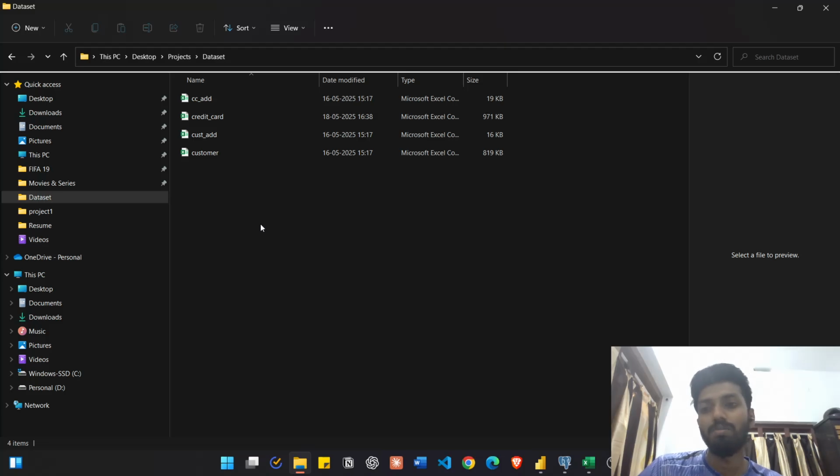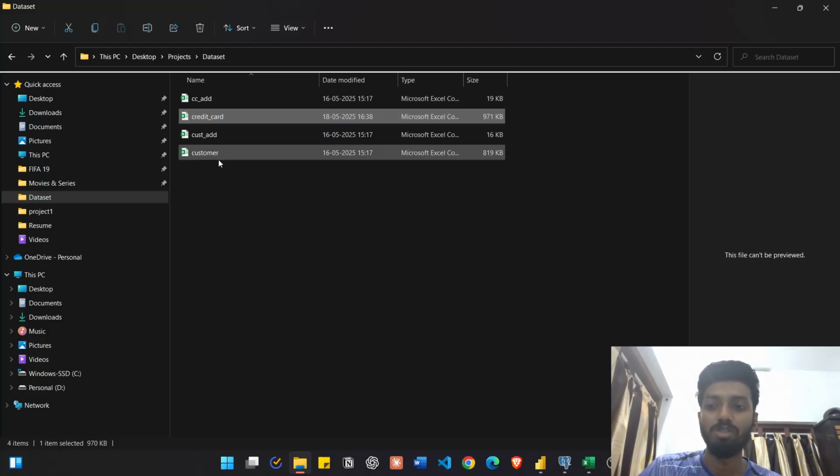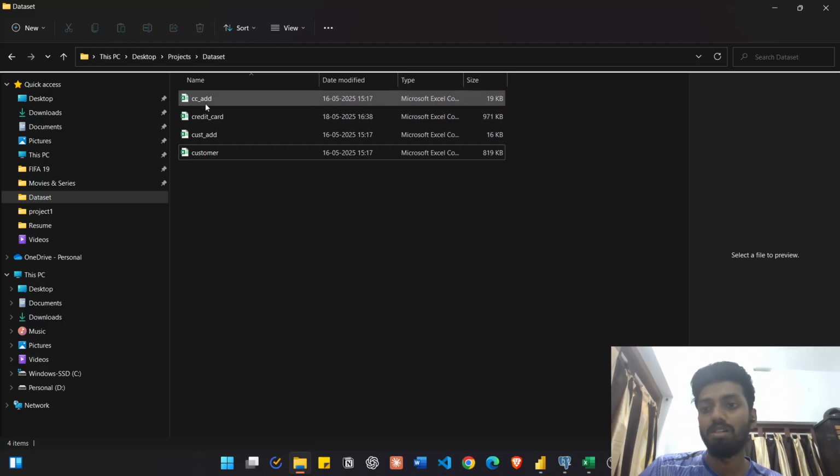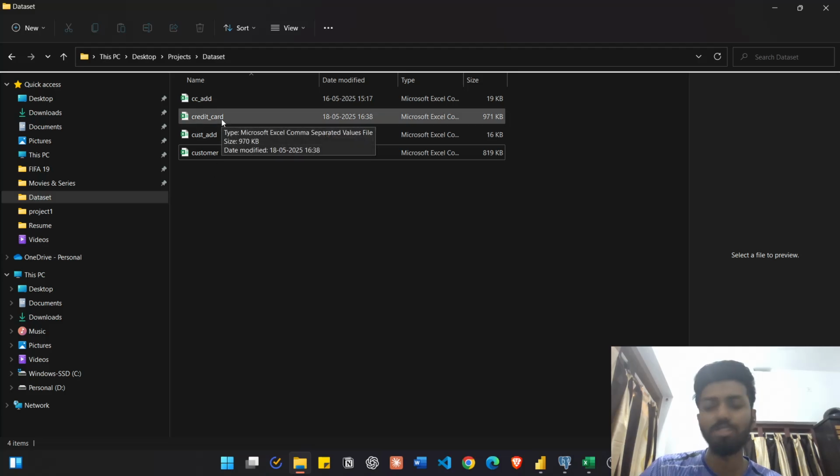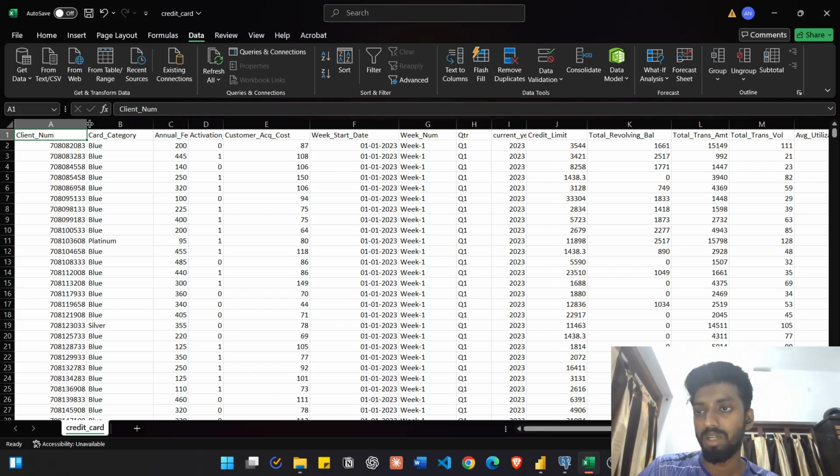Here we primarily use two CSV files, credit card and customer, and the CC add and cust add are for recurring data. I'll give you a glance at what each column means, so you get a pretty good idea of what's happening.